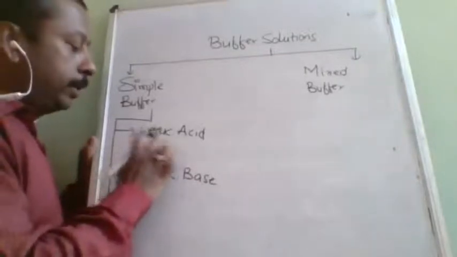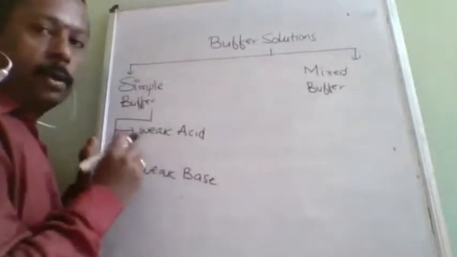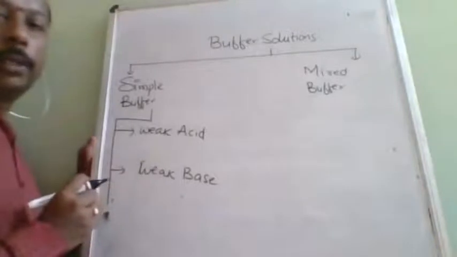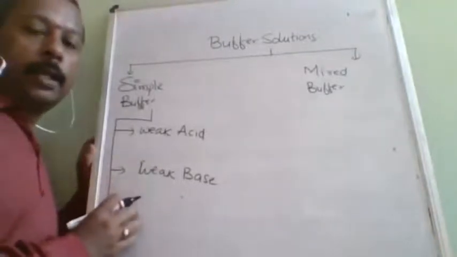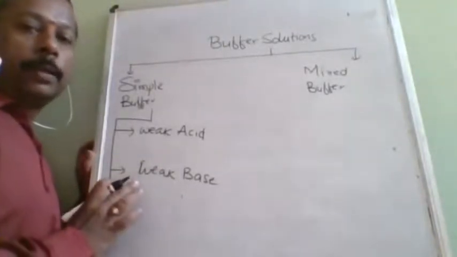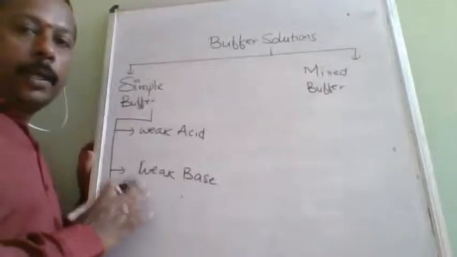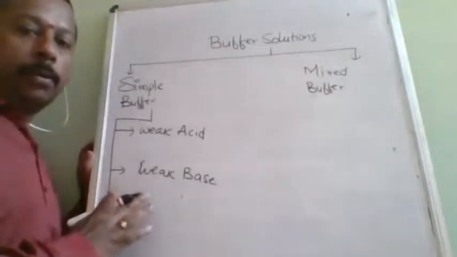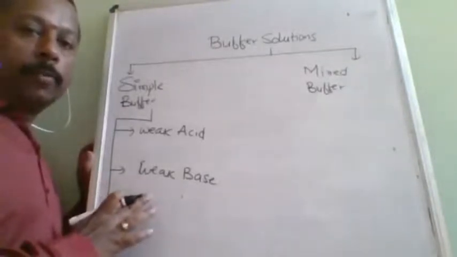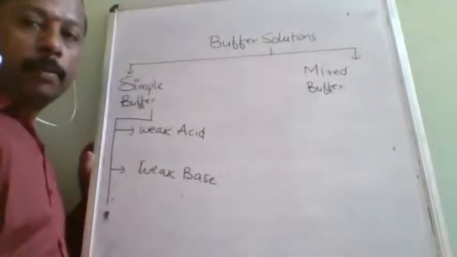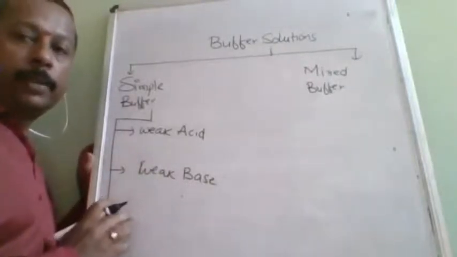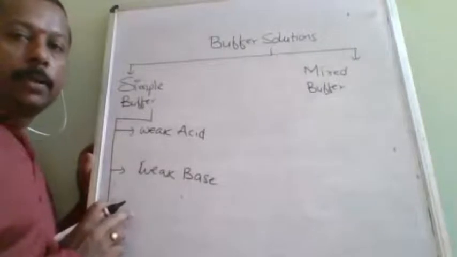As the word itself says, they don't have a tendency to lose H plus or to lose OH minus. They are adamant. They cannot lose more H plus or more OH minus. Therefore, obviously, their pH remains constant.